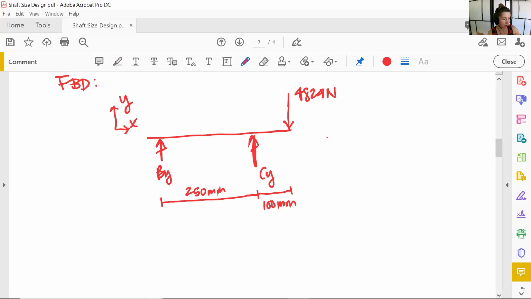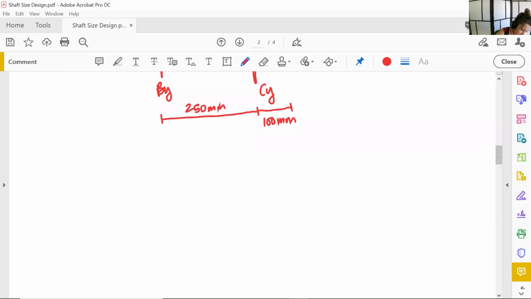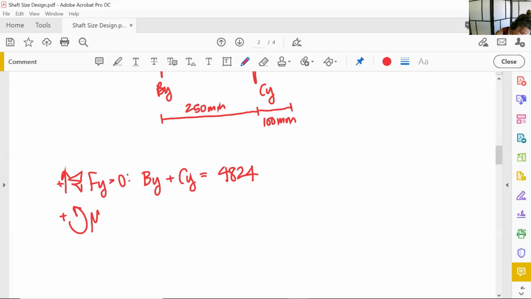Otherwise, just keep following along. I'll go through all the steps. Sum of forces in the y direction equals 0. You have By plus Cy equals 4,824.